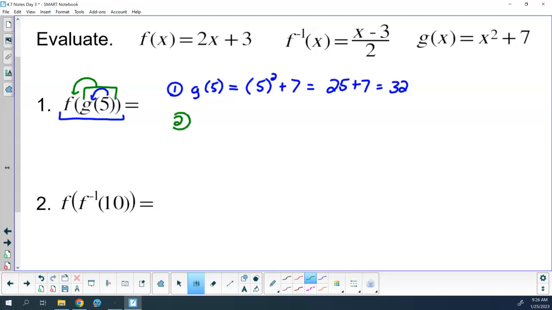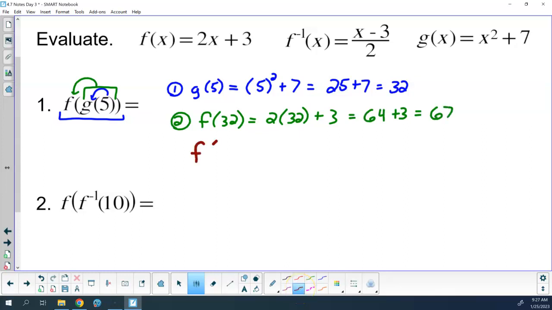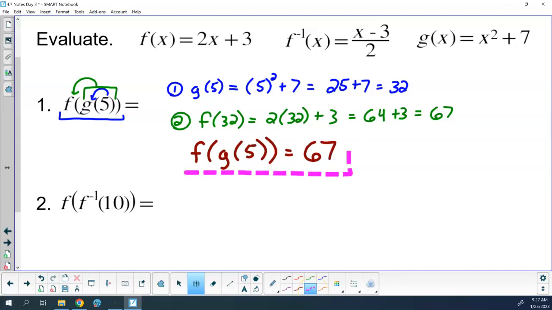So then I'm going to find f of 32. I plug 32 into my f function. 2 times 32 is 64. 64 plus 3 is 67. So f of g of 5 is 67. The kicker is start on the inside, work your way out.